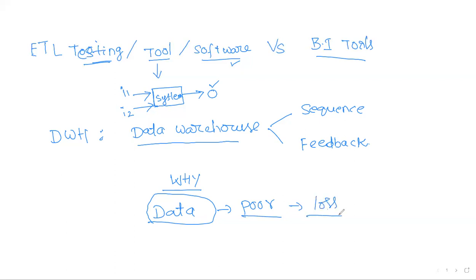That loss you need to reduce, and for that we generally use all these tools. ETL testing, or the ETL tool or concept, is also one of the components to reduce the loss for the business. The words I have written here you can understand from the terminology that I'm going to explain.